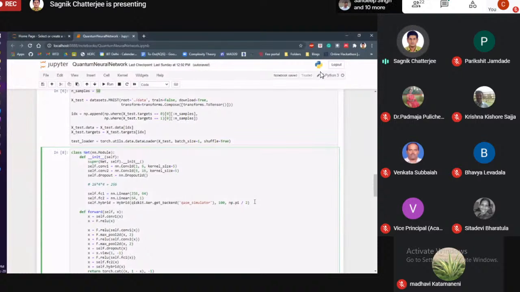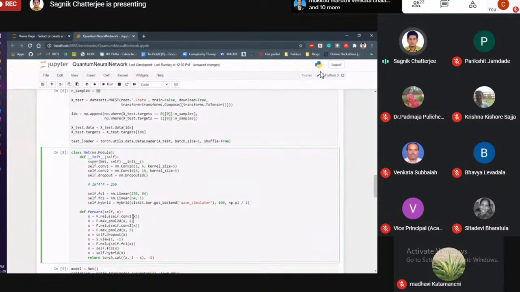So the first statement can be replaced by these two statements, and we have already seen what they mean. This is the convolutional layer and this is the normalization layer. After that you have the max pooling layer. After the pooling layer, we again have the second convolutional and second normalization layer, and then another pooling layer.